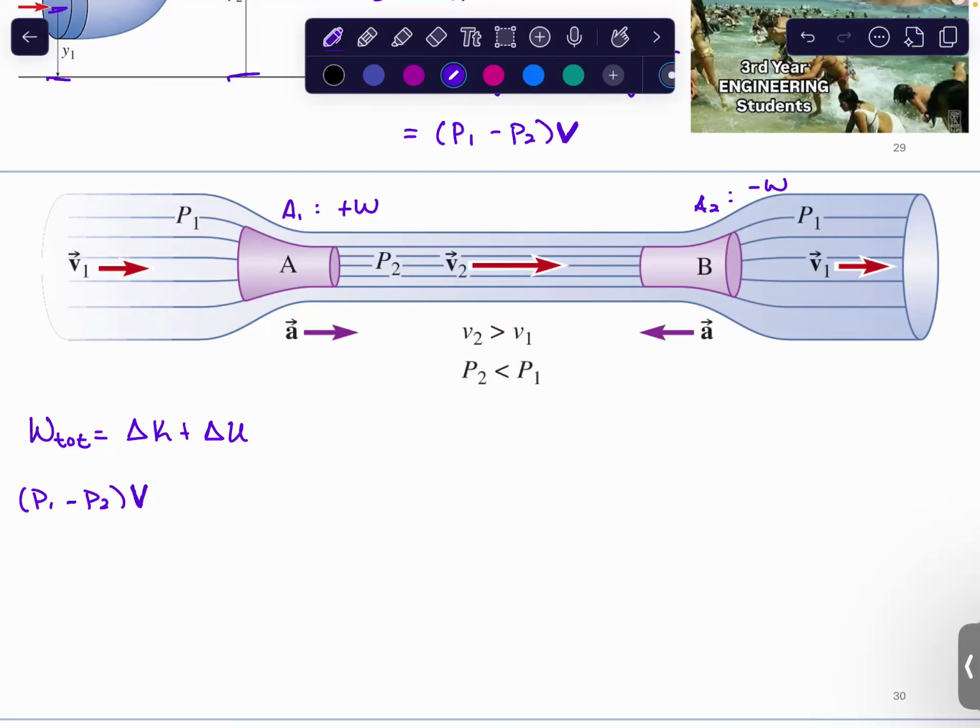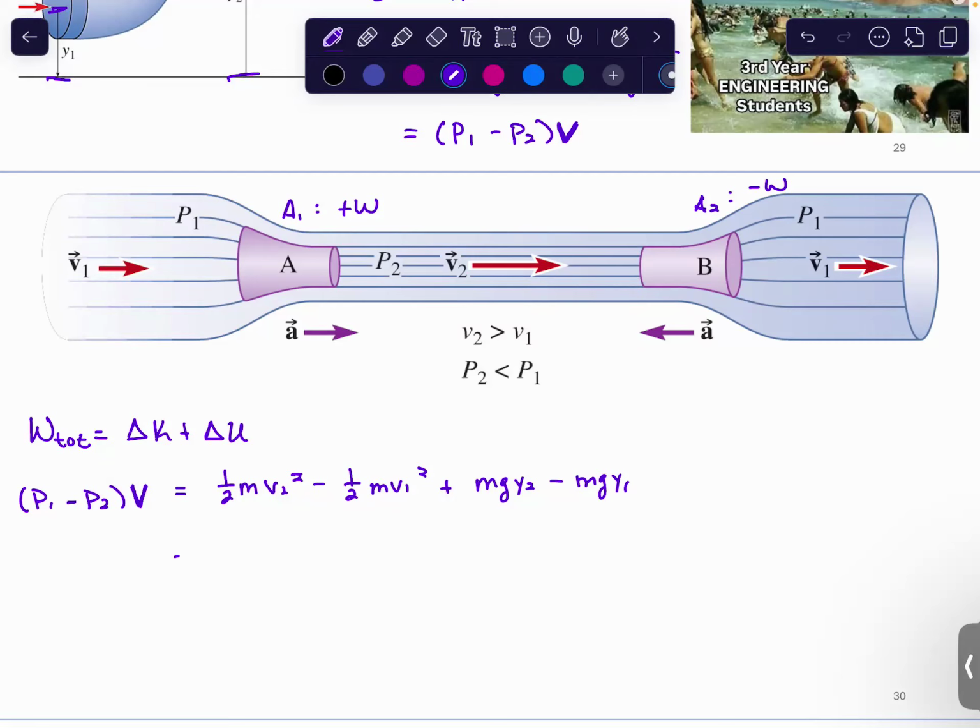But this can be written, remember, as 1/2 m v2 squared minus 1/2 m v1 squared plus m g y2 minus m g y1. And mass, what does mass equal? Density times what? Volume.